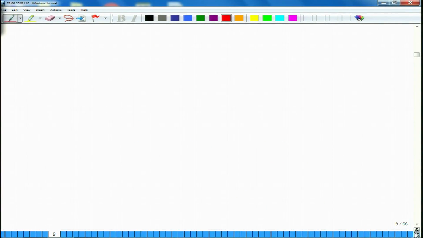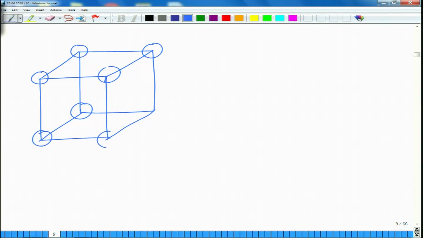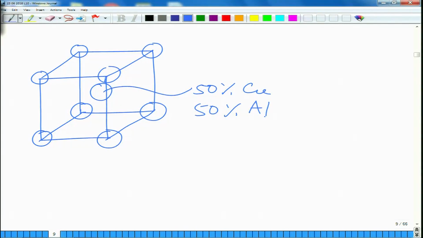However, you can have a disordered form. Disordered form would be one in which, in the same lattice, each atom is now 50% Cu and 50% Al. So, in such a scenario, each site is occupied, the probability of occupation of the site is 50% copper, 50% aluminum.